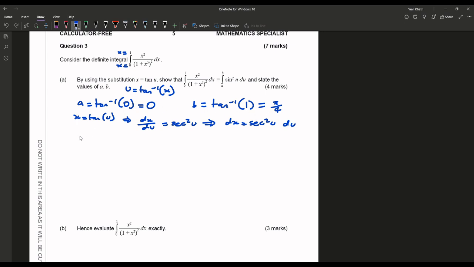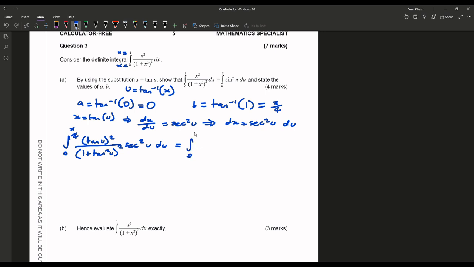So we've got the integral from 0 to pi over 4 of x squared, so that's tan squared u, over 1 plus x squared, so 1 plus tan squared u, and then that squared. And dx is just secant squared u du.